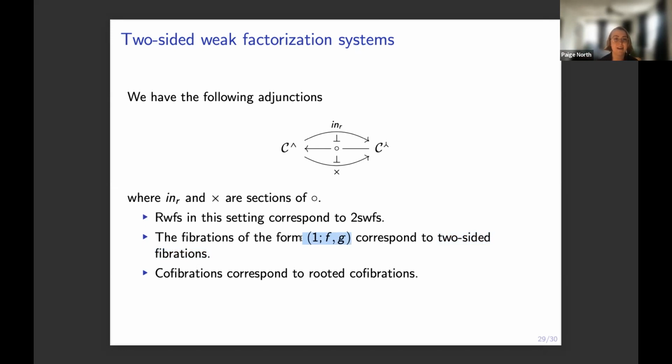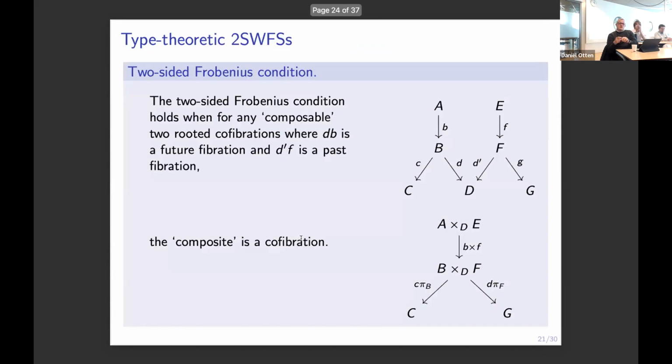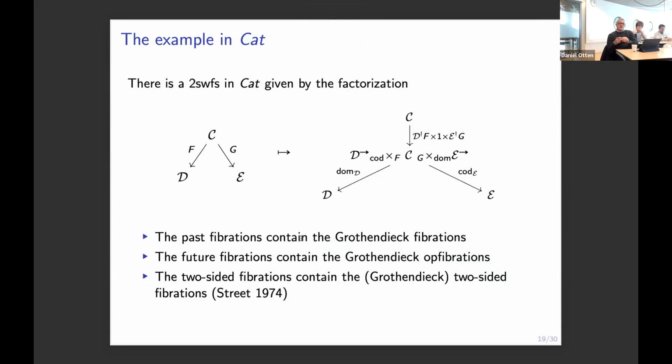A little earlier, you had instead the classes of Grothendieck fibrations being contained in some of your classes. Do you know what else is in there? So you mean these points or this point?